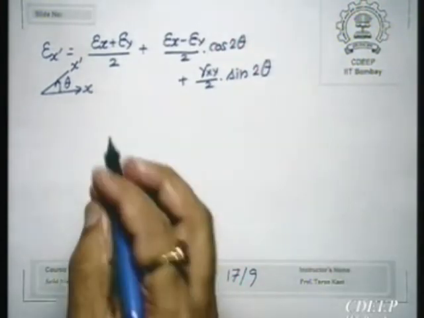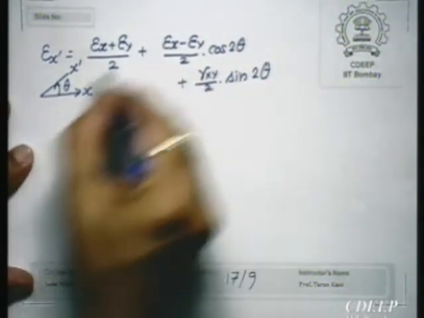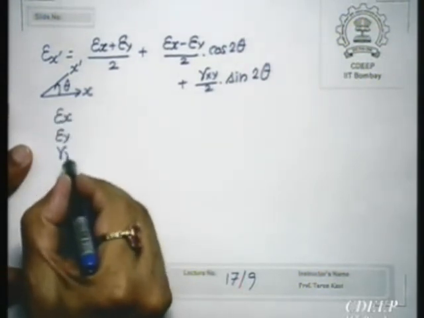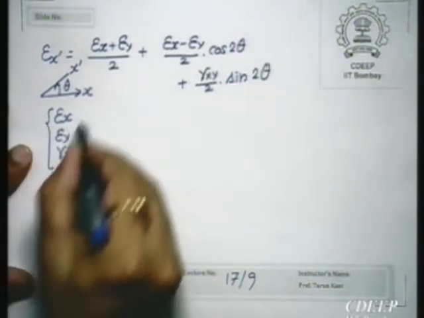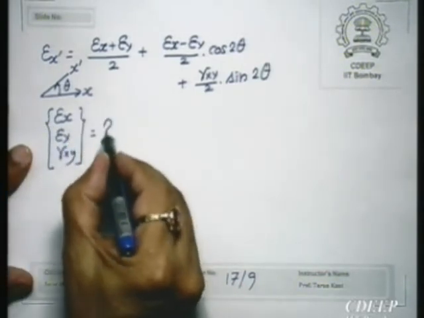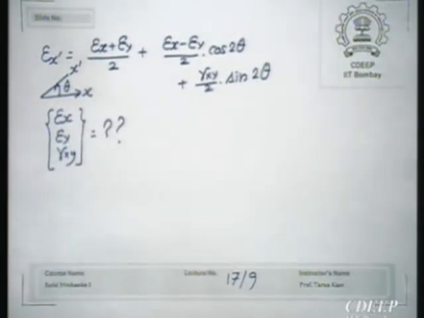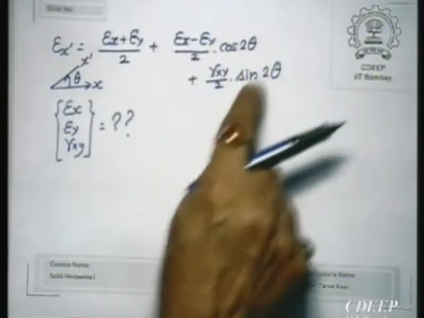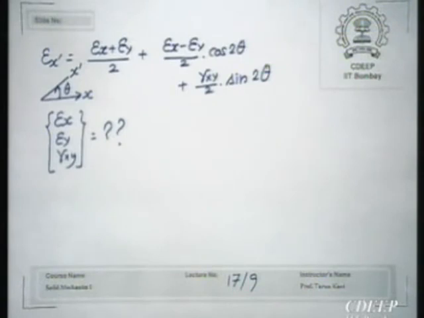But I am interested in the complete strain state at this point. On the right-hand side you have got how many quantities?